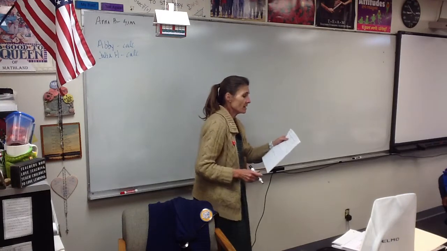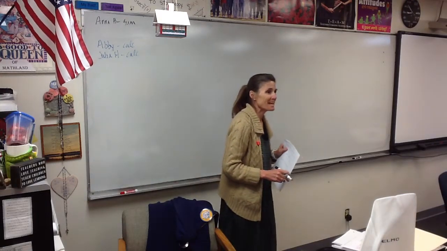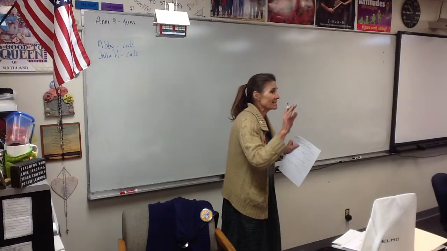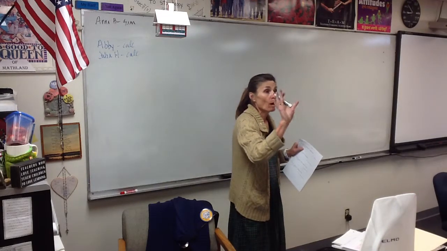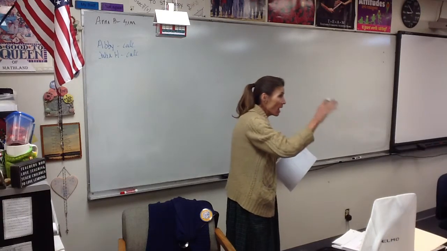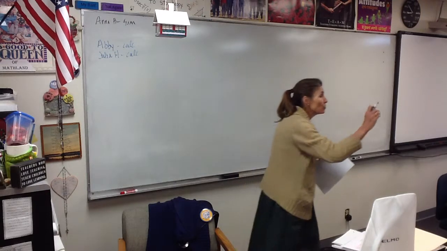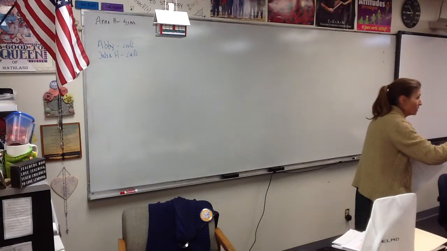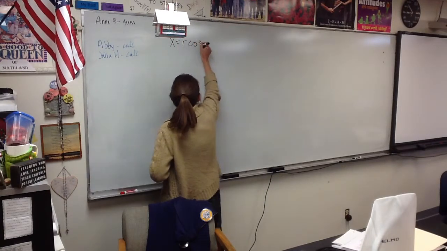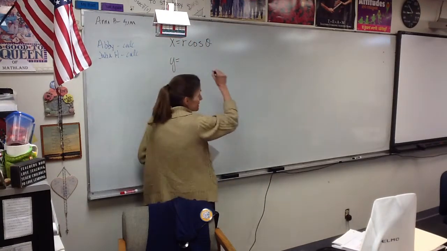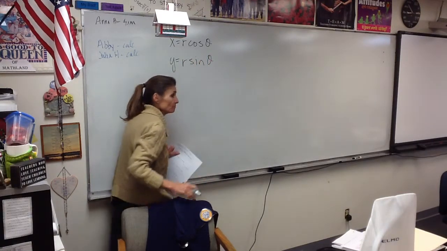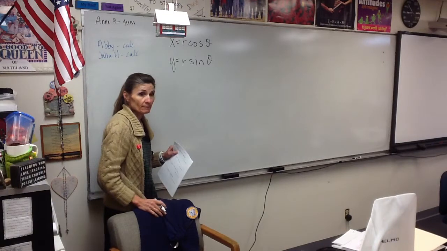All right. Number one. Convert to rectangular coordinates. Rectangular means what letters? X and Y. How do we find X? X equals R cosine theta. Y equals R sine theta. Right?